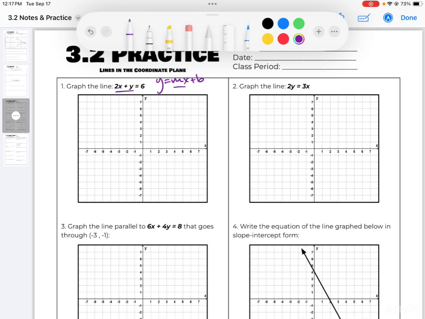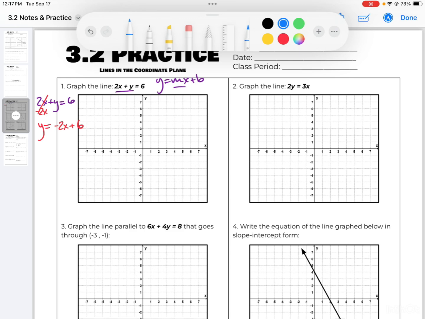So I'm just going to take my 2x and move it to the other side of the equation, which would give me y equals negative 2x plus 6. And just by doing that alone, I was able to convert the standard form into slope-intercept form.